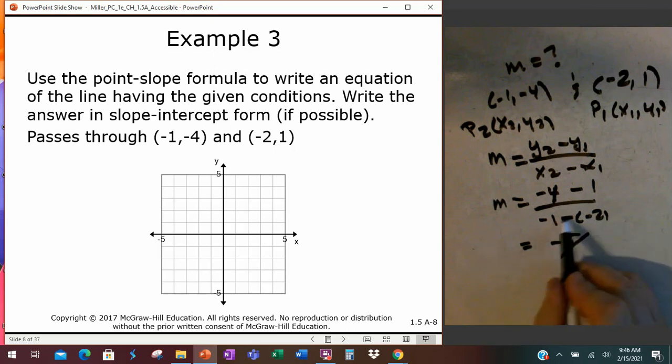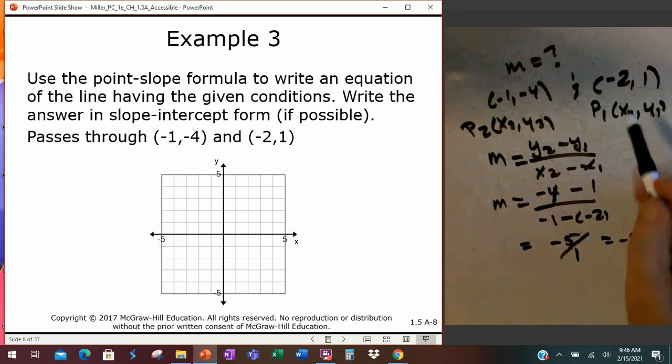That's minus 5 over negative 1 plus 2, which is plus 1, so that's negative 5. And from here, as I moved over 1, I dropped down from plus 1 to negative 4 going down. So that's that slope.